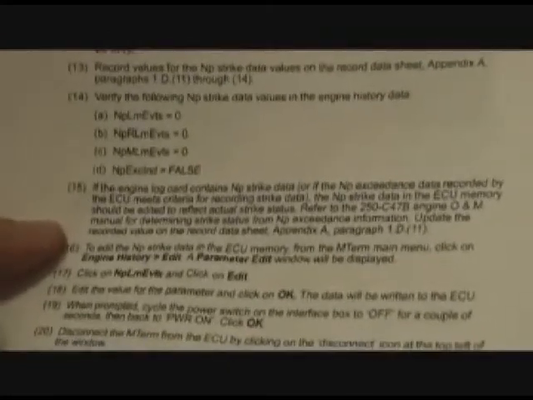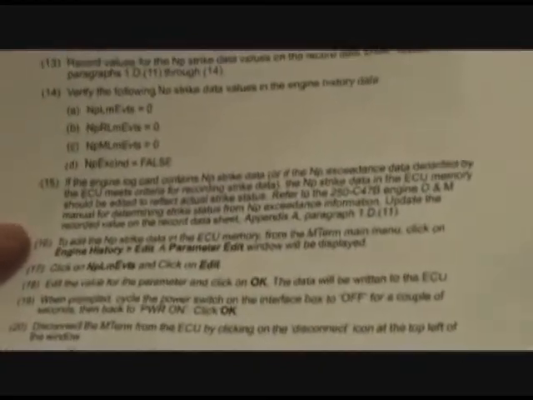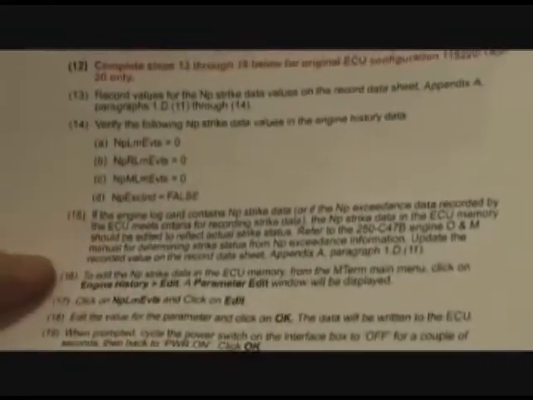And additionally, if you have any engine strikes, turbine strikes in your engine and you are running the old software, you'll have to transfer the number of strikes that are recorded in the engine logbook into the NPLM EVTS parameter. So we'll show you how you would do that.